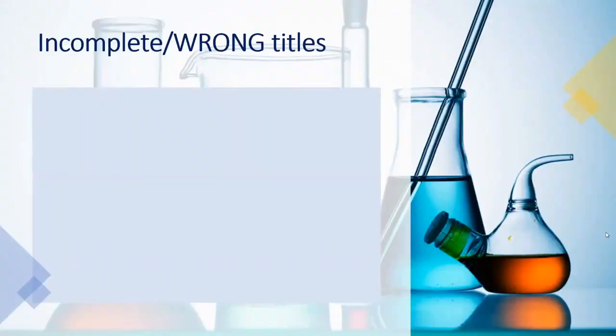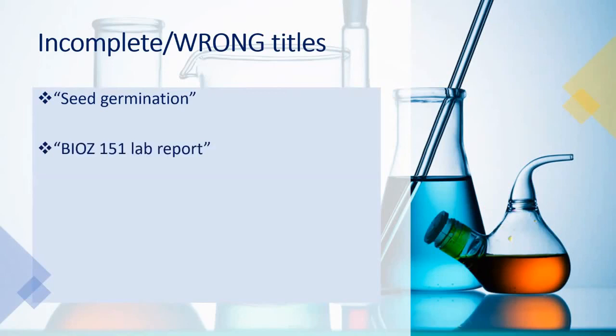There could be incomplete or wrong titles, and I have listed a few here, like just "seed germination", listing your class and just adding "lab report" to it. So if it is a Bio 151 class and you are submitting your report, you just make it "Bio 151 lab report". Even shortening the scientific names is wrong and shouldn't be done when putting your title together.